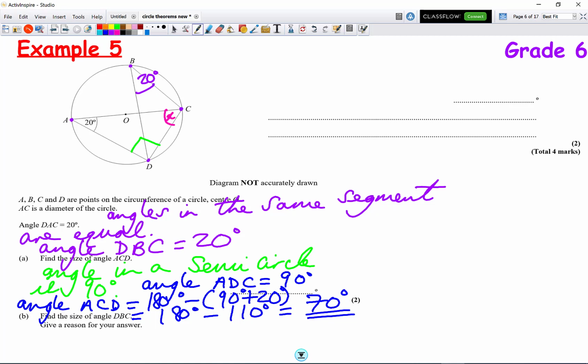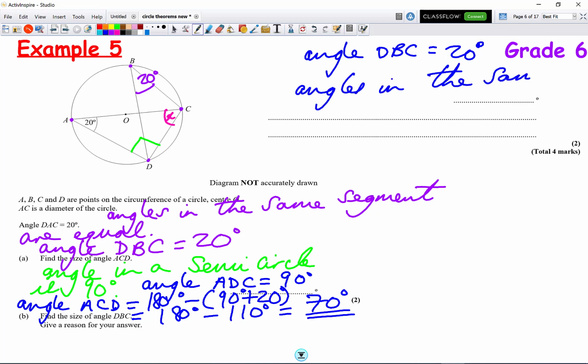So we can say that angle DBC is 20, and just for clarity, we can reiterate that the angles in the same segment are equal. Just an extra clarification there.